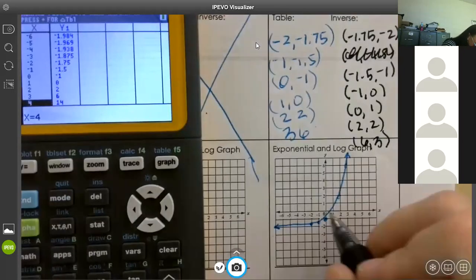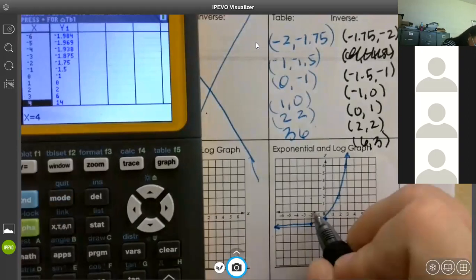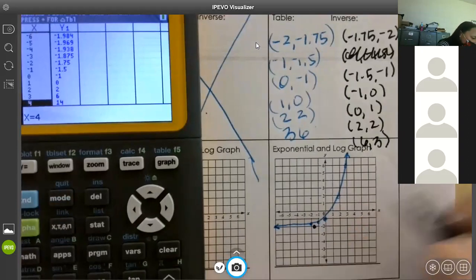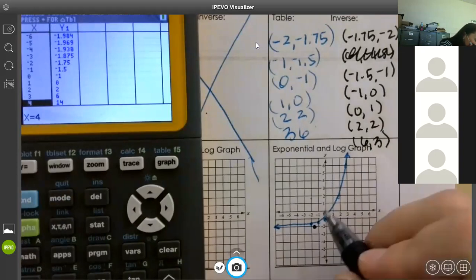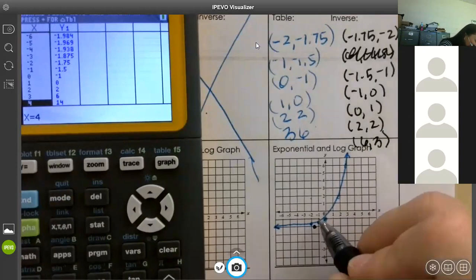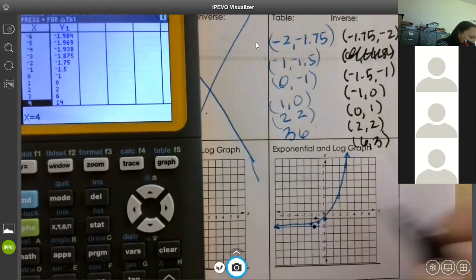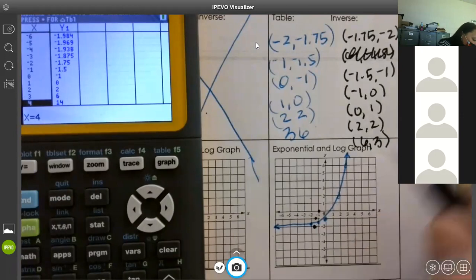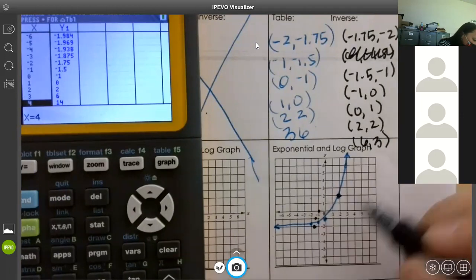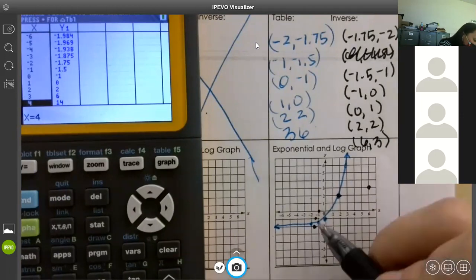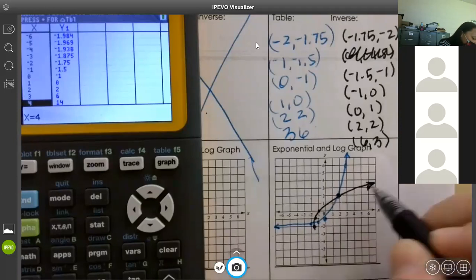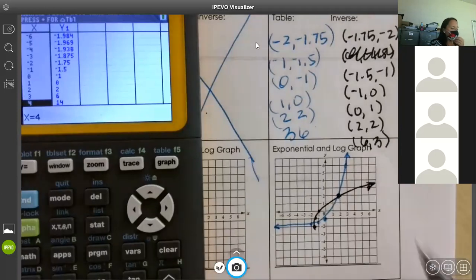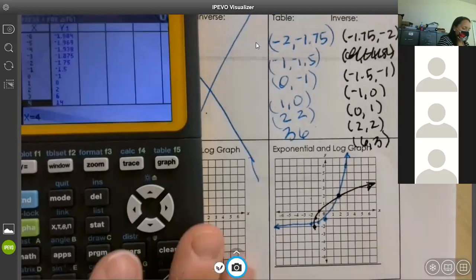So -1.75, -2, -1.5, -1, -1, 0, 2, 2, 6, 3. So something like this. And we'll talk about these ending points soon, okay? We'll talk about the ending points soon.